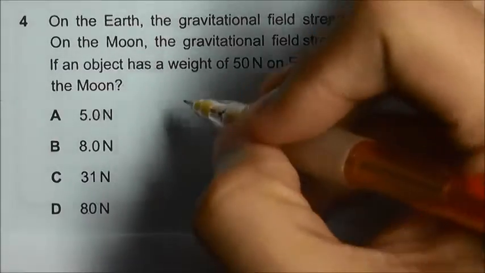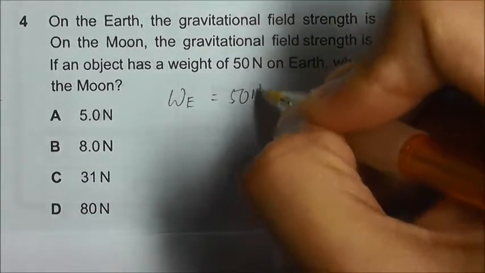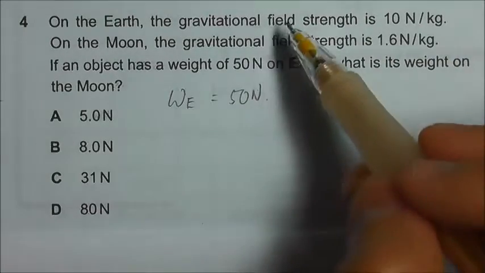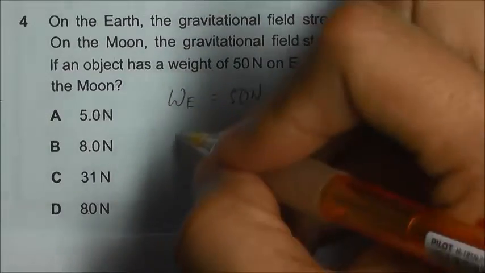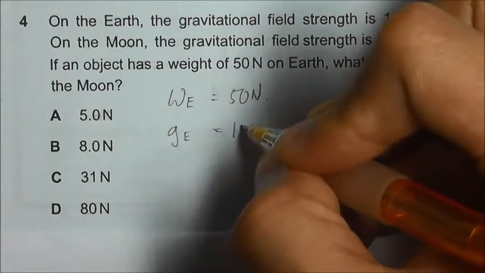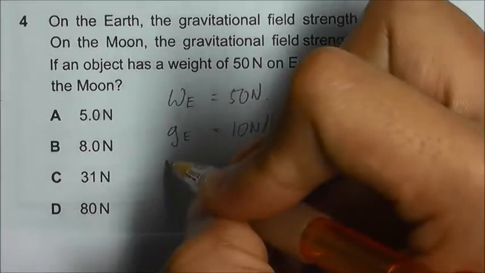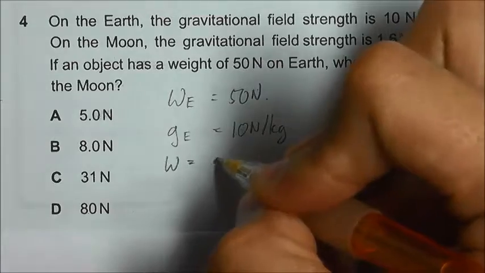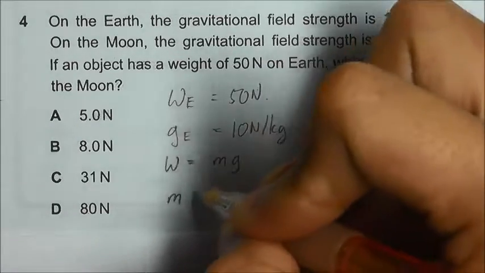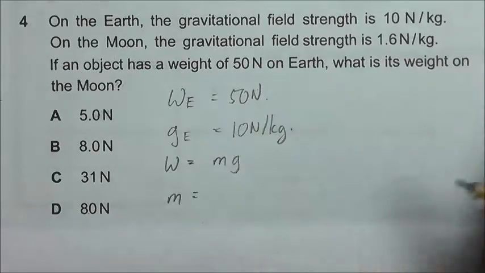We are given that the weight on Earth is 50 Newton and the gravitational field strength on Earth is 10 Newton per kg. So using the formula, W is equal to mg, our mass is equal to the weight divided by the gravitational field strength.